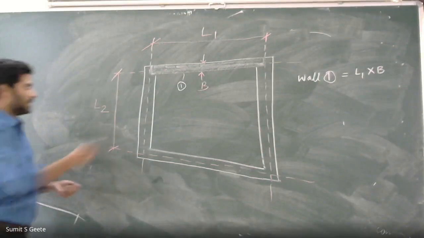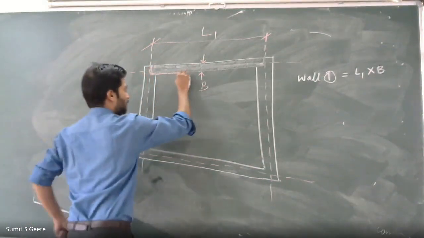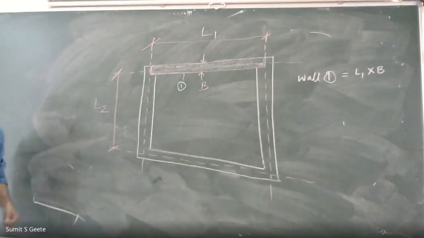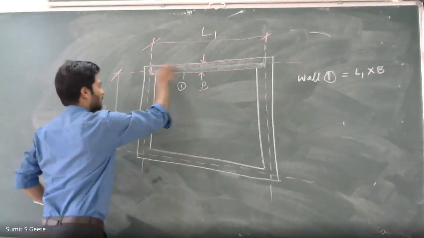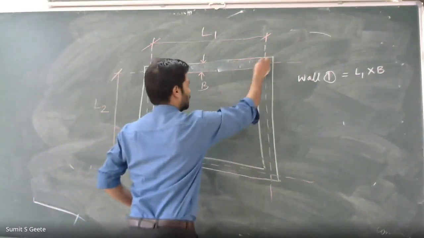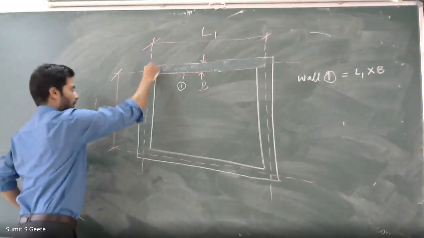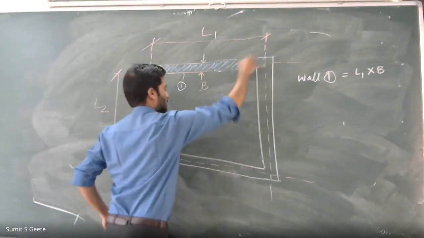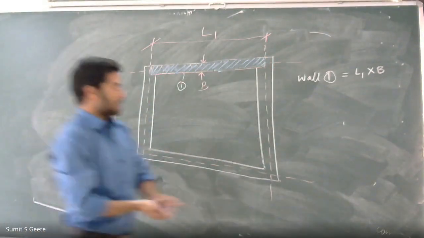Which area? This area. The area between two center lines. So this area I am going to consider. Are you clear? Is it fine? Because I am considering my L1 into B.